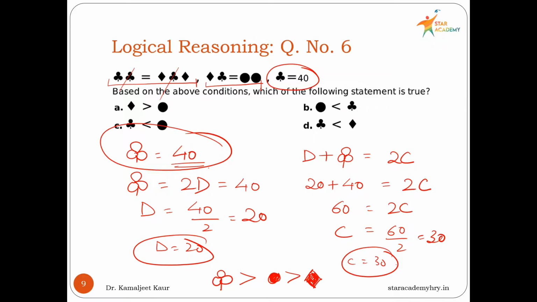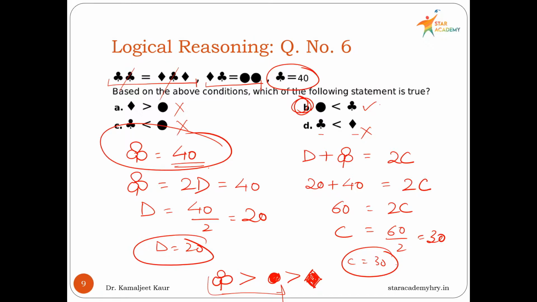Diamond greater than circle is not true. Club less than circle is also not true. Then circle less than club, yes it is. So this is correct. Also we can check D. Club less than diamond, also this is not true. So B is the correct answer here.